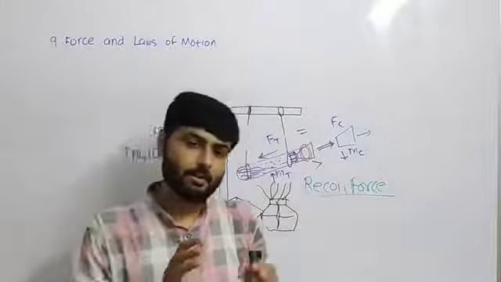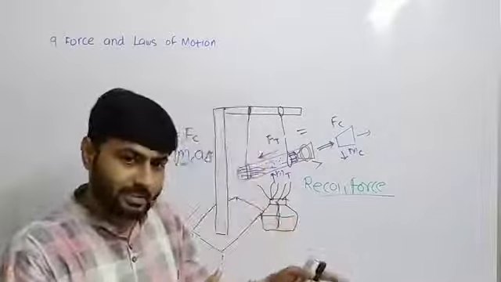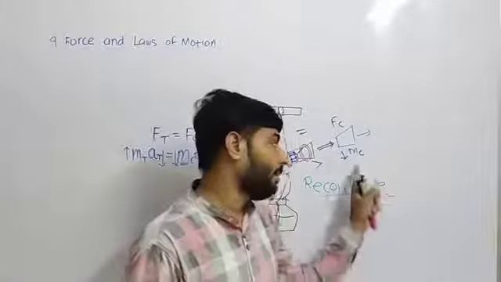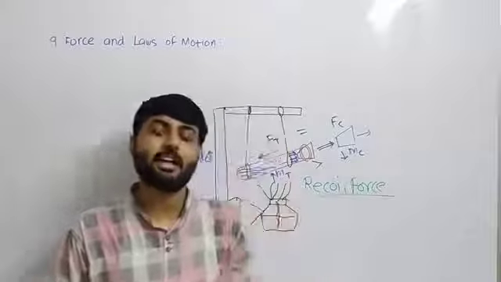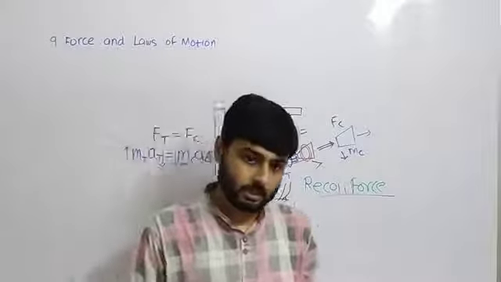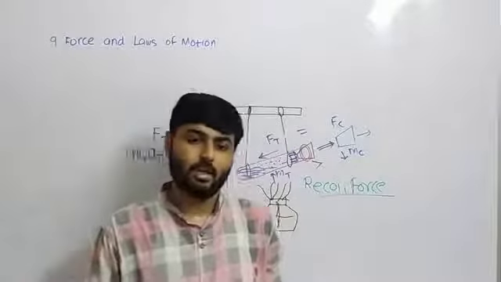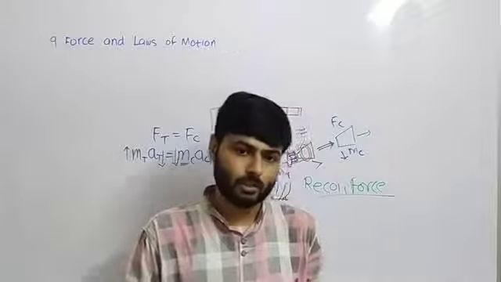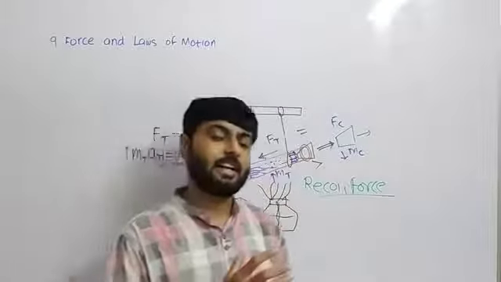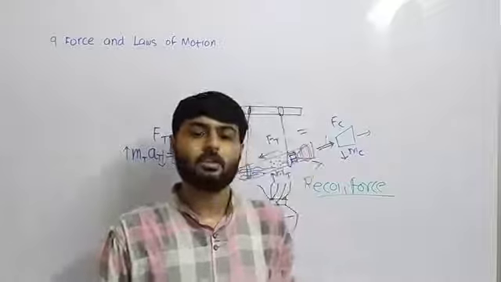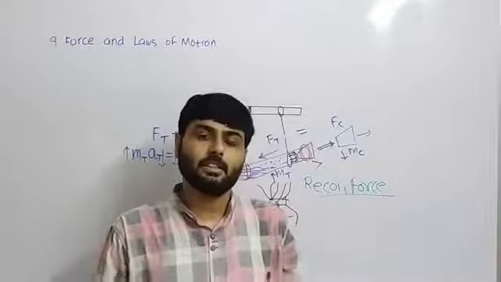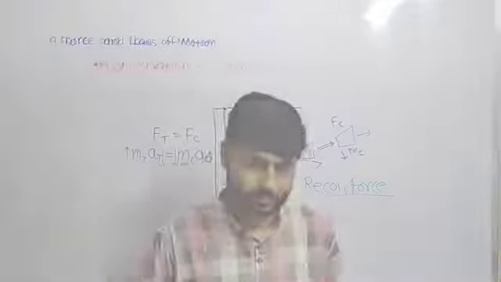So I hope now you understood that there is less acceleration in the gun compared to the acceleration in the bullet. So this is the example of the third law of motion. From that we can understand how the third law exists in our everyday life.